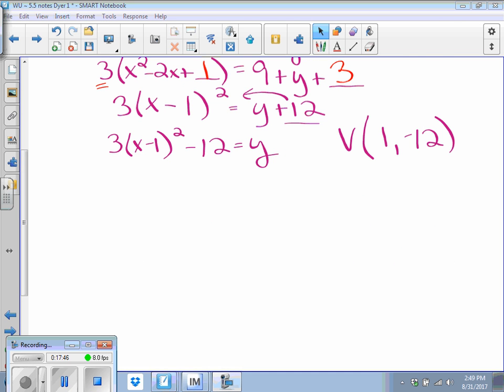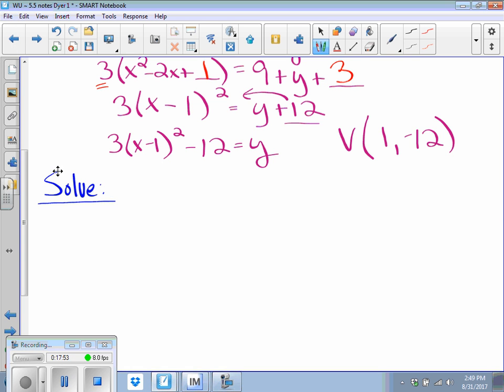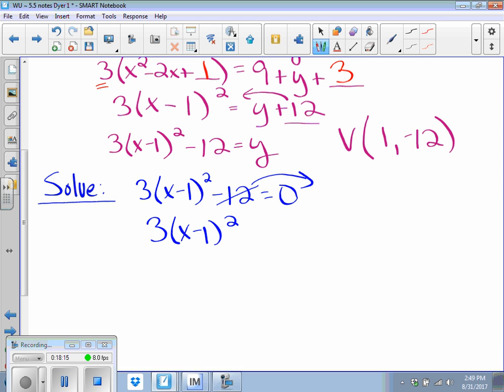Okay, the second part was to solve. How do we solve for x? Set y to 0. So 3 times x minus 1 squared minus 12 equals 0. What's first? Add 12. So 3 times x minus 1 squared equals positive 12.